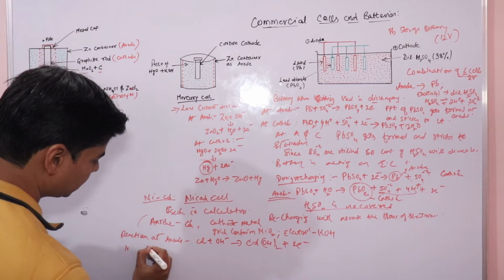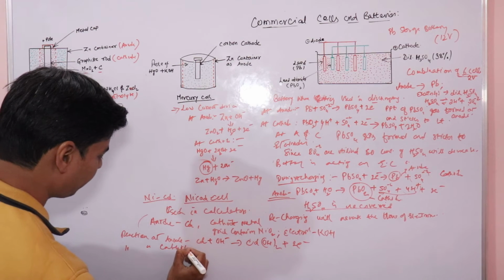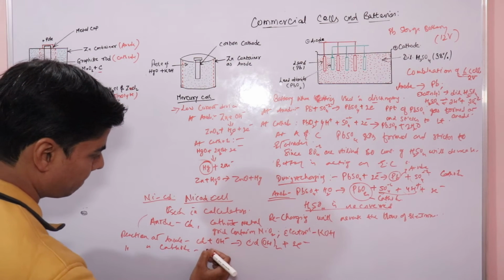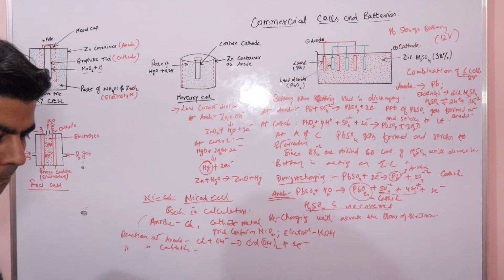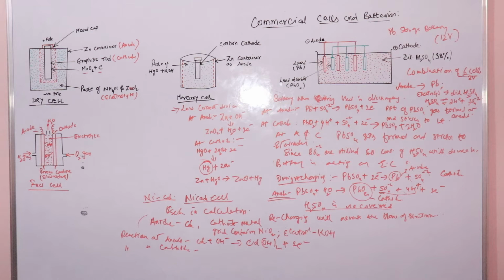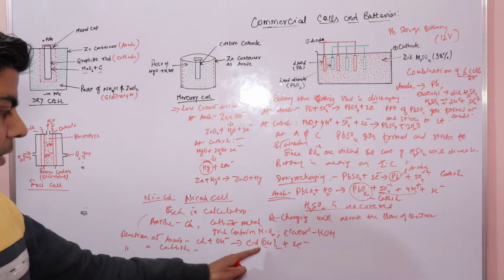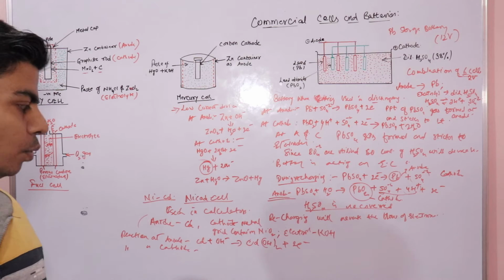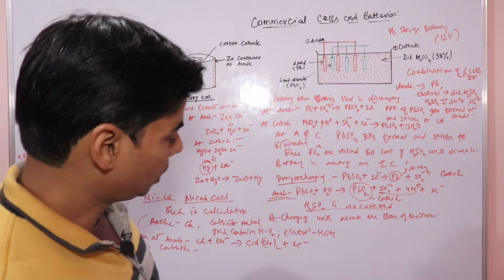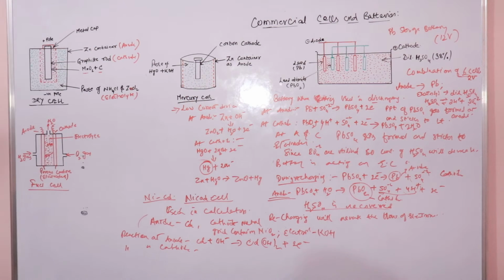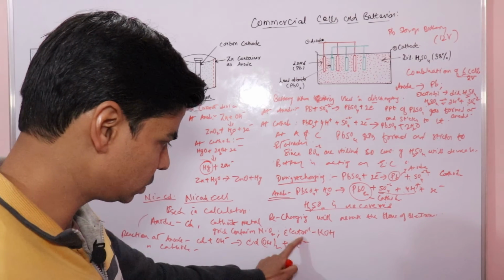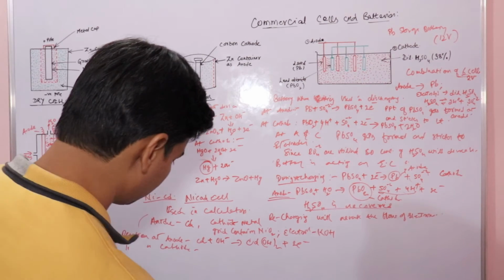And the reaction at cathode: the cathode is a metal grid that consists of NiO2, nickel dioxide. So nickel dioxide will react with water and these two electrons will go to the cathode.